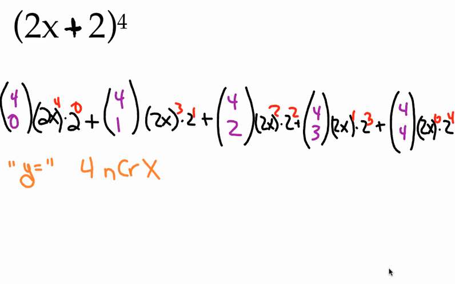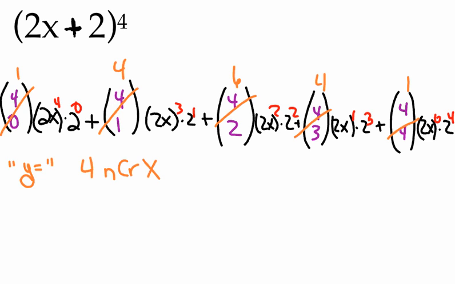But once you have that set, you can go second graph. And if you look, you've got values in your Y1 column: 1, 4, 6, 4, 1. So basically that means our calculator helped us out to figure out what each of these is. So 4 choose 0 would be a 1, 4 choose 1 would be a 4. Then we have a 6, a 4, and a 1.